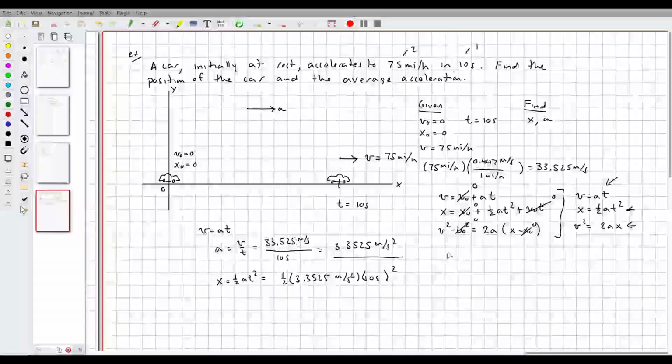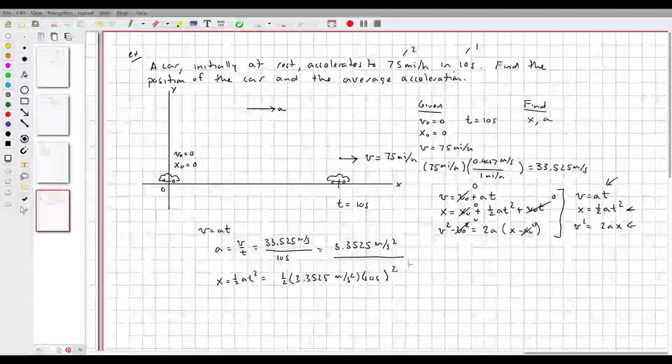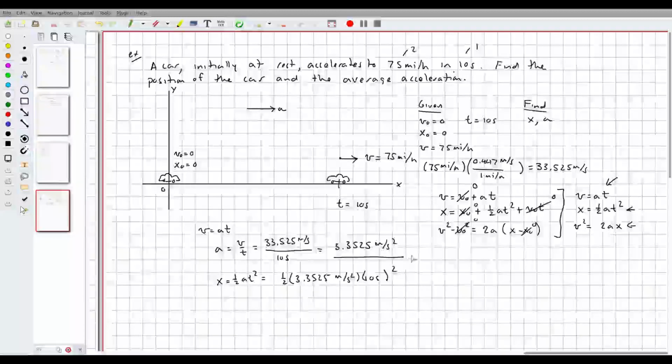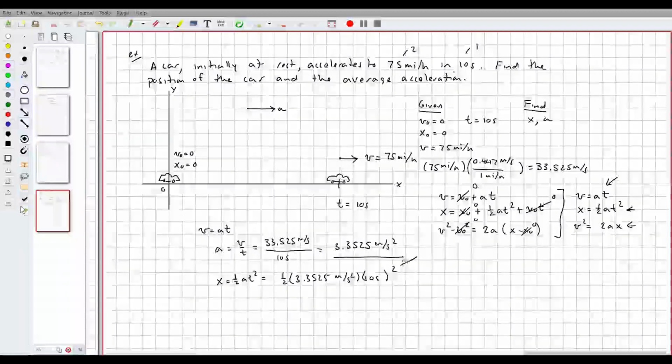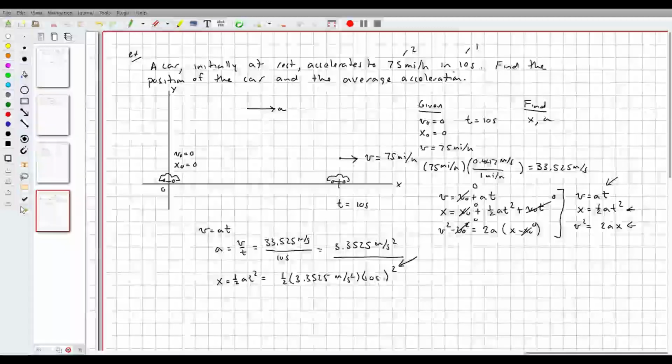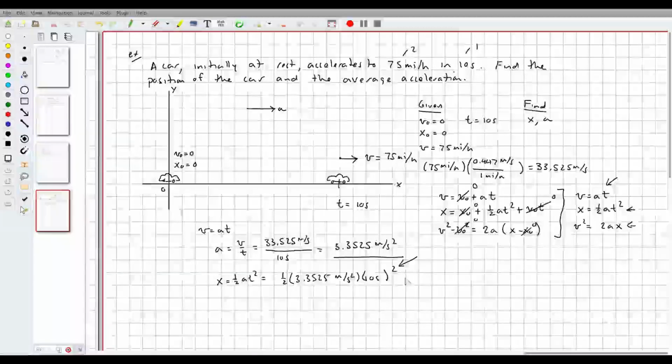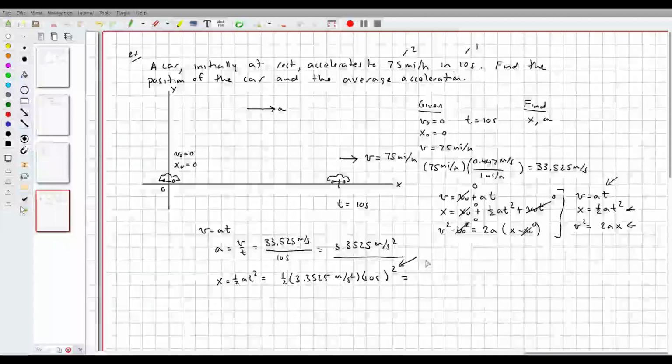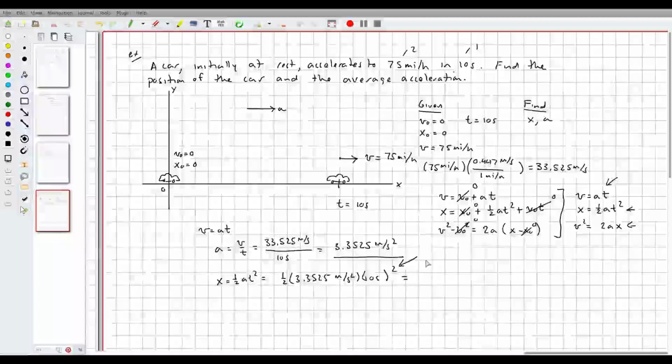Now, before we do this calculation, I'd like to point out that this right here is the most common mistake that I see, dropping the square on this. Make sure that you square this. So, when you actually do this, let me get my calculator and I'll do it.